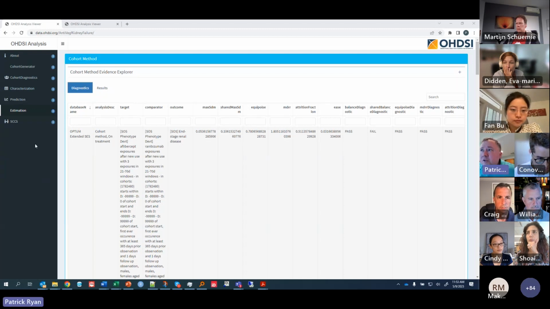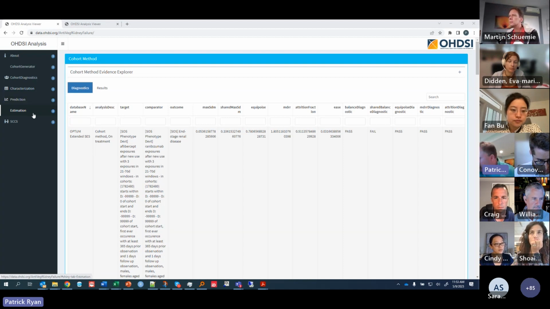This user interface is what we saw last week in the study, at the end of our study execution step, whereby on the left-hand side, there are tabs where you can explore the cohort diagnostics results, the characterization results, the prediction results, and the estimation results, which are both cohort method and SCCS.